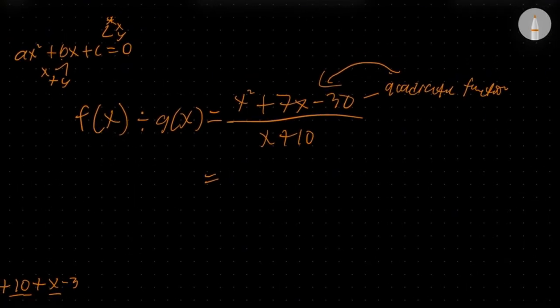Now let us proceed back. X squared plus 7x minus 30. Can you guess the answer? Now, as per observation, we'll know that 10 and negative 3 sum up to 7, and when they are multiplied, they result to negative 30.